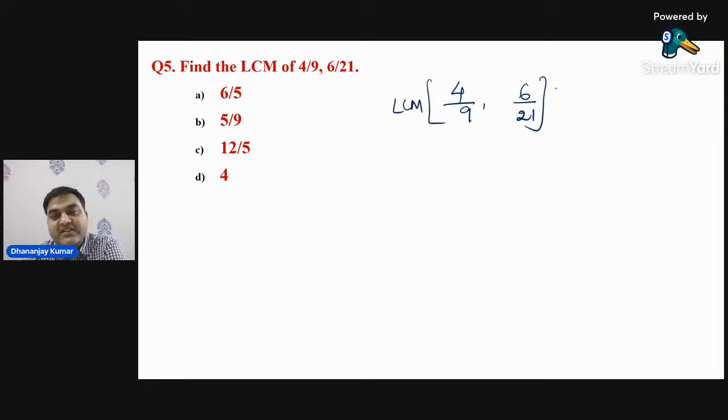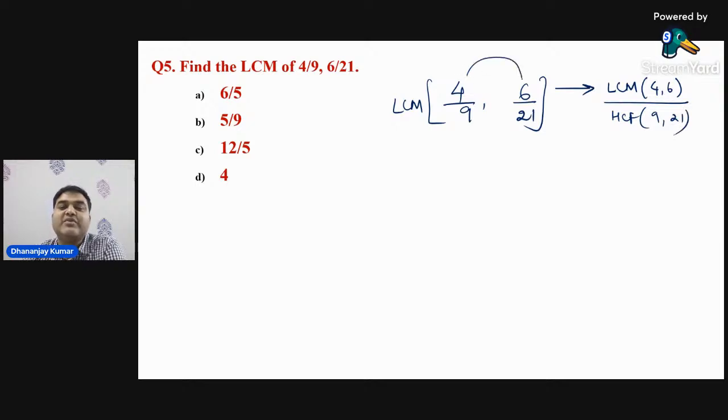So you just find the LCM of 4 and 6, and find the HCF of 9 and 21. LCM of numerators and HCF of denominators, you find out, that will be your answer.